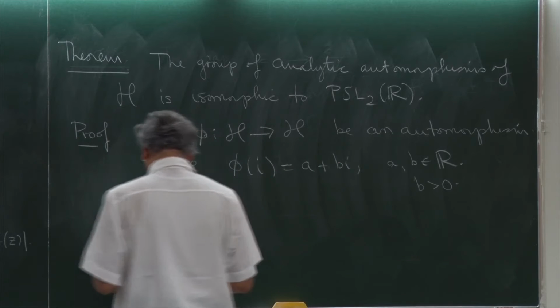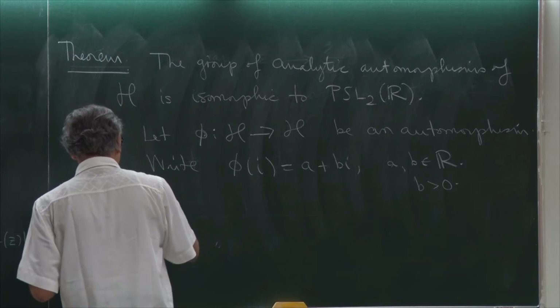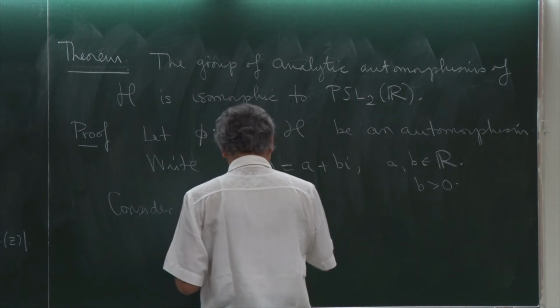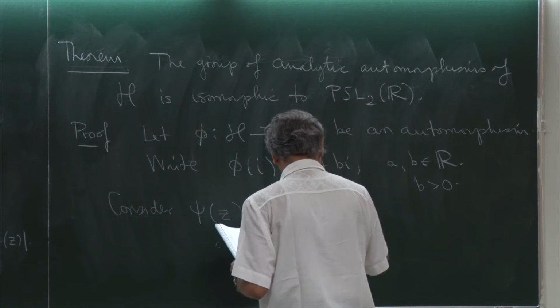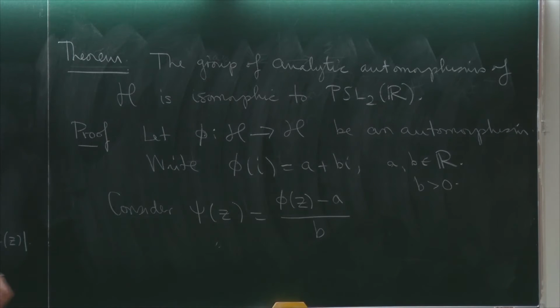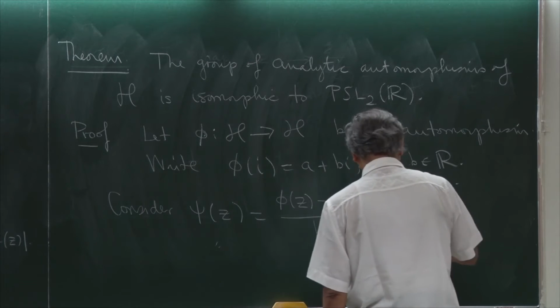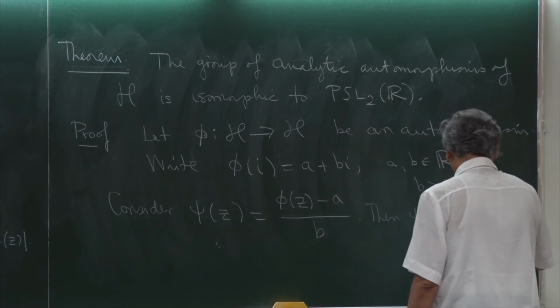And we look at the map. Consider the map psi of z equal to (phi of z minus a) divided by b. Okay, consider this map. Then, since phi of i is a plus bi, psi takes i to i. Then, psi of i is equal to i.